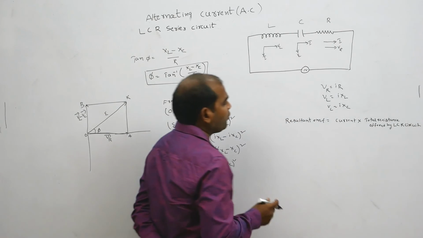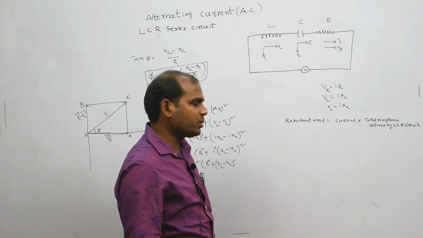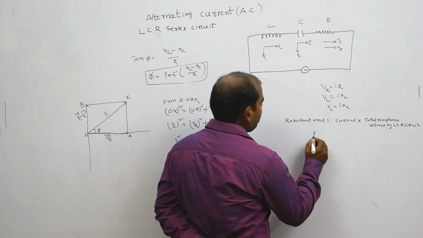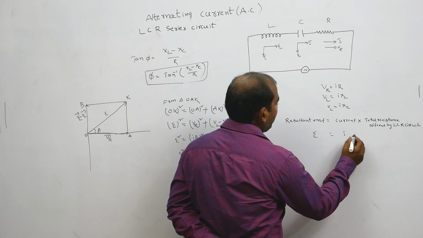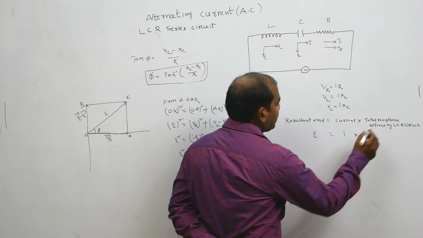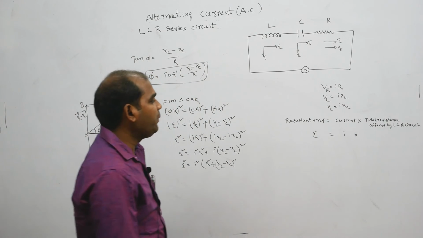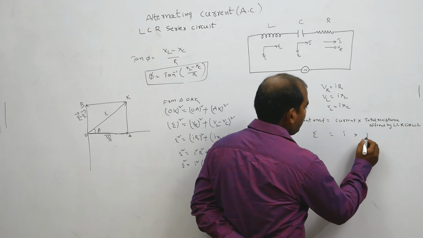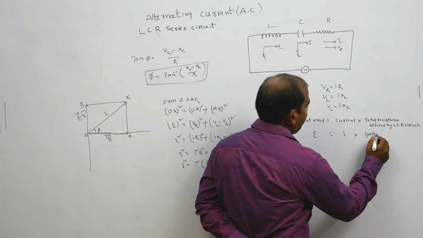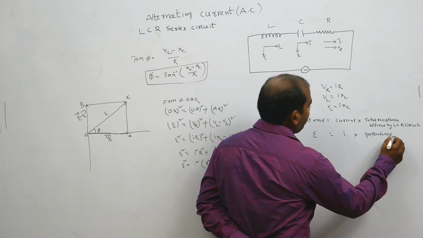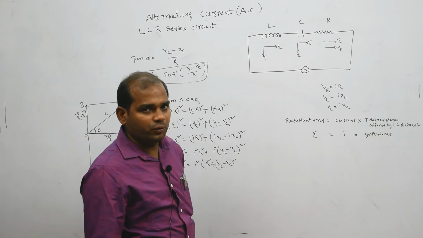This is the basic formula, voltage is equal to current into resistance. So, this EMF can be written as I into the total resistance offered by the LCR circuit, which is called impedance. This is a new physical quantity, a new definition.